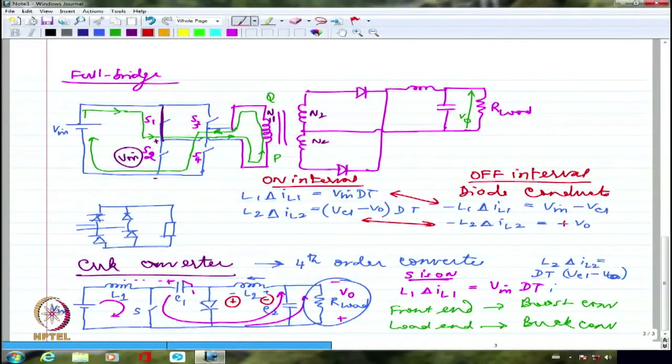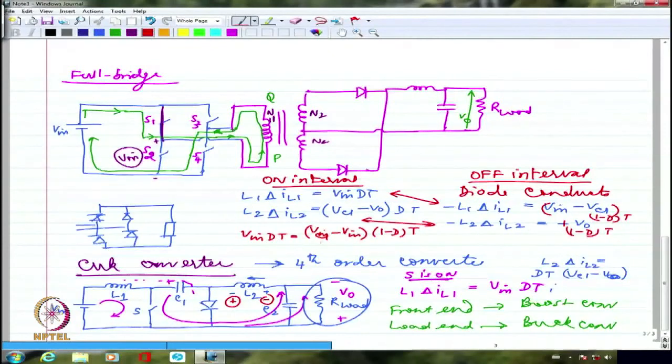So let us try to take a look at here V in times dT equal to 1 minus d times T. Similarly, this is also 1 minus d times T. So V in times dT equal to V in minus Vc1, rather we can say Vc1 minus V in times 1 minus d times T. So we will have this, if I take it to the other side, it will be V in itself.